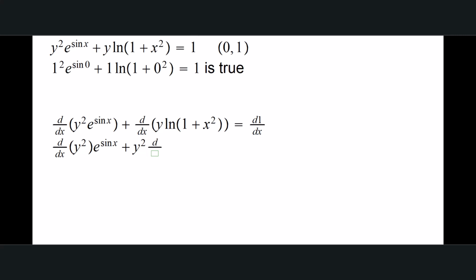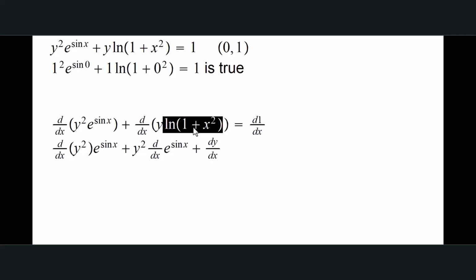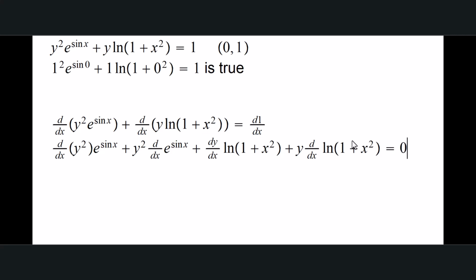So we got dx, and then e to the sine x, and then plus here we will differentiate y. So we got dy/dx, and then this factor is unaffected, and then plus we will have y, and then we are going to write d/dx of ln(1 + x²). And on the right hand side we have the derivative of 1, and that is going to be 0.